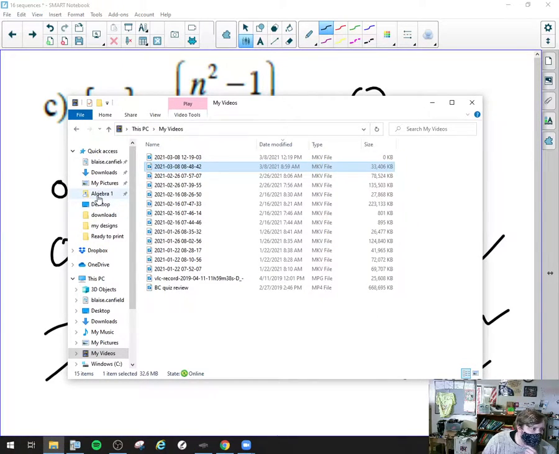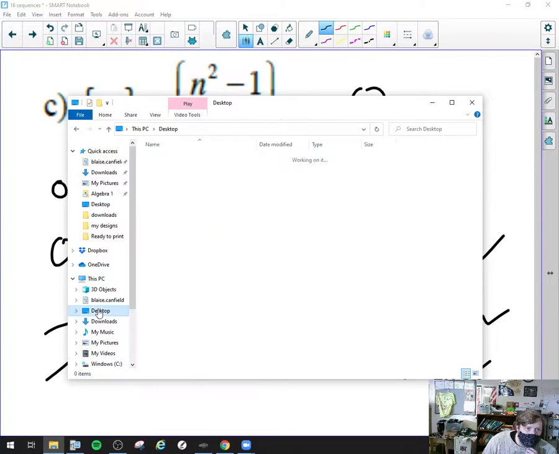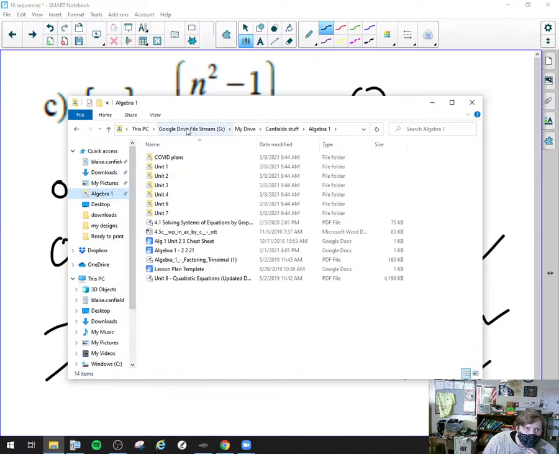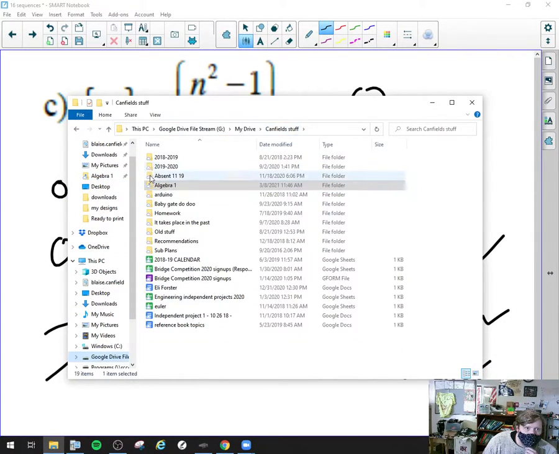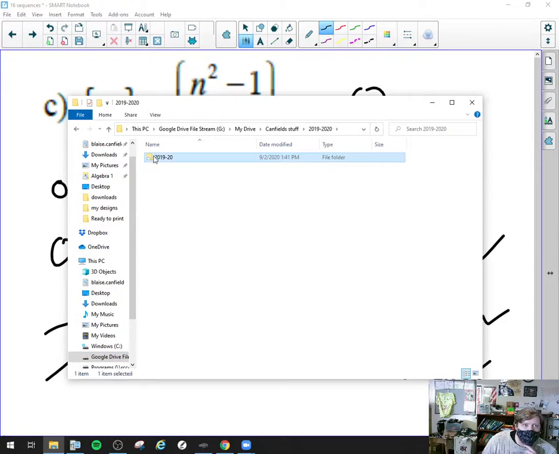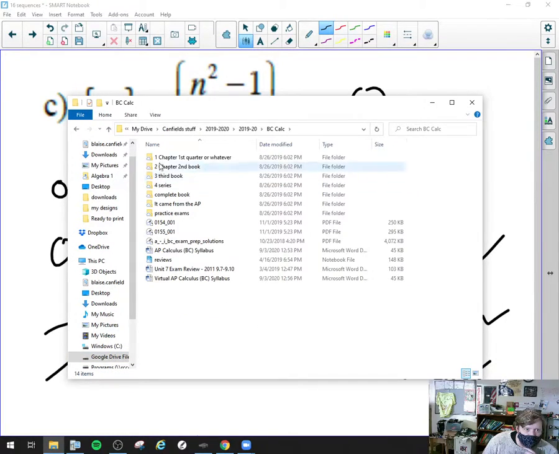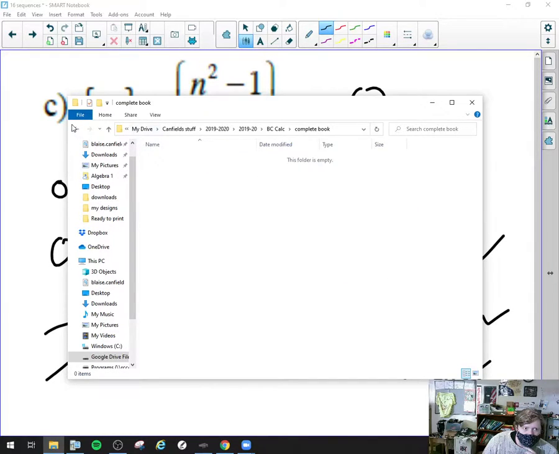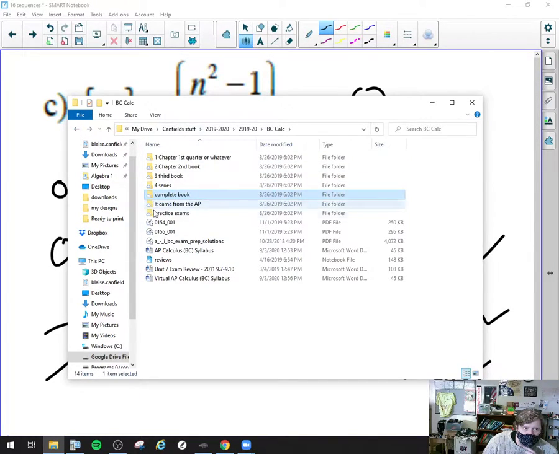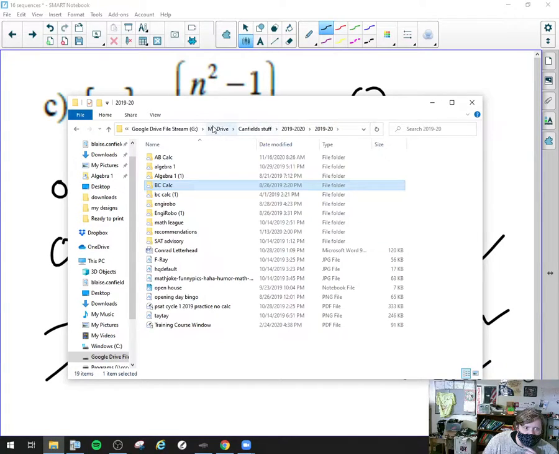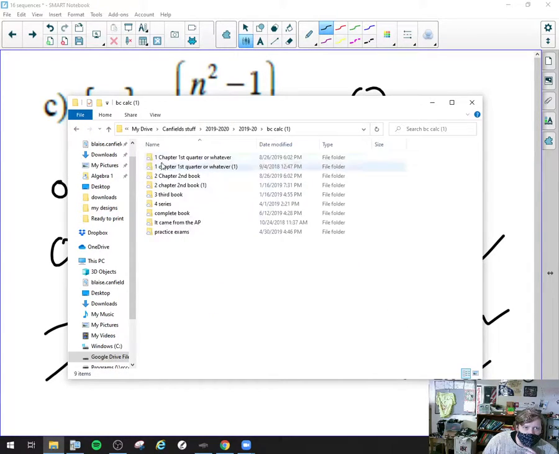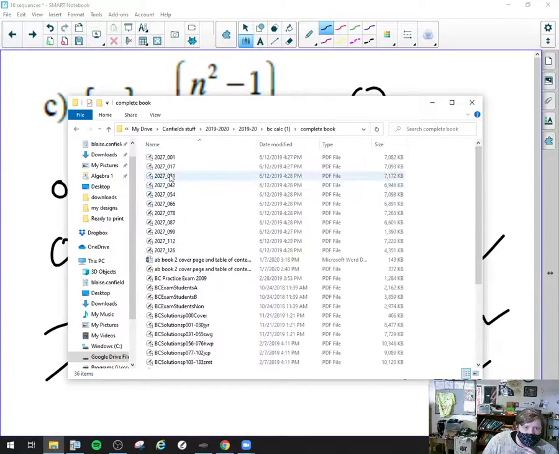You know, since we're 12 minutes in, may as well. Go through my files. Oh, good. I don't have the complete book here. What? Where did I put that? Is it in here? There we go.